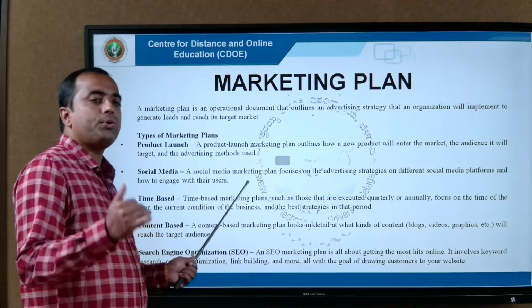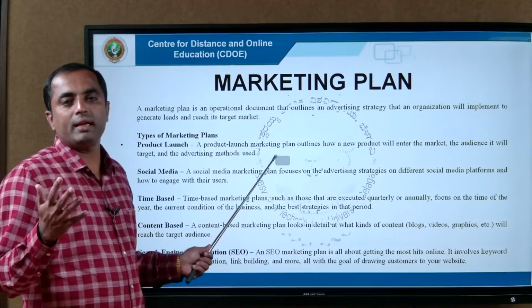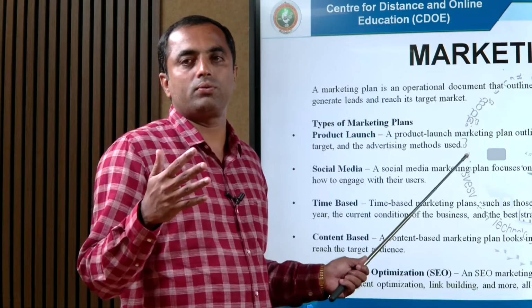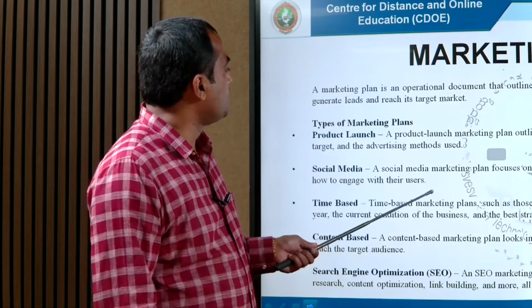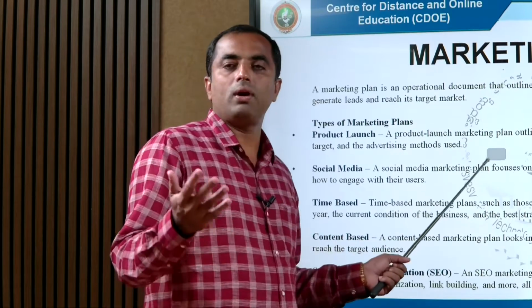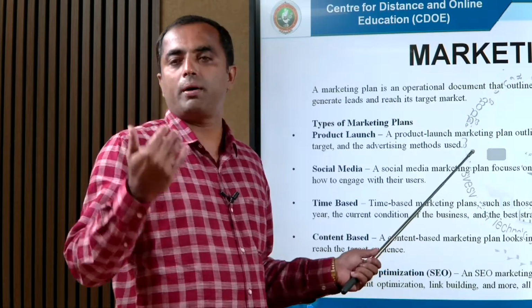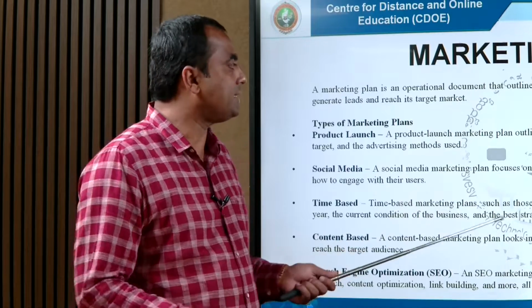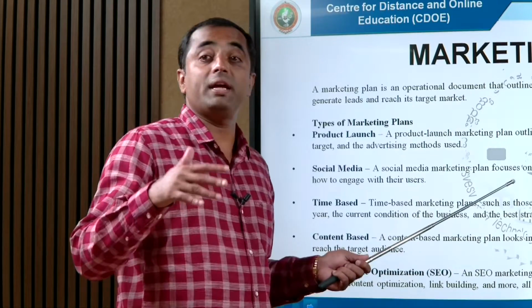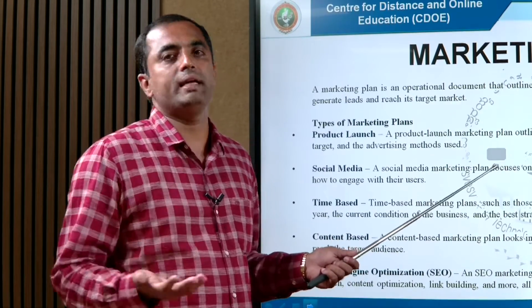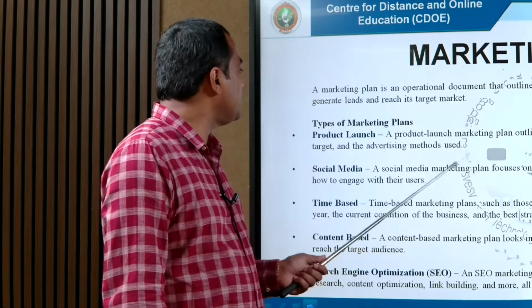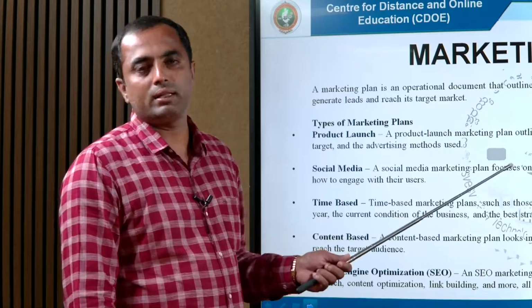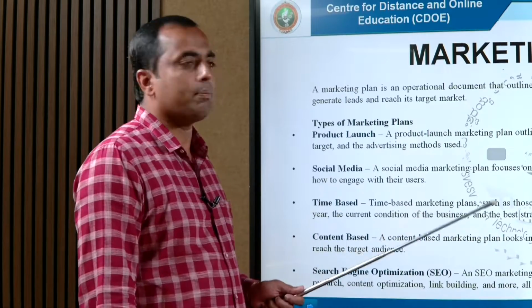So, if you are specifically using a marketing plan for social media, how are you going to adopt an advertisement strategy using the various platforms of social media, then we basically call that a social media plan.